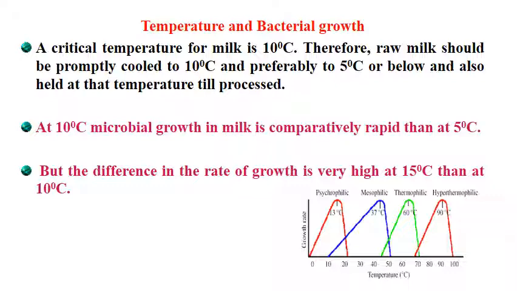At 10 degrees Celsius, microbial growth in milk is comparatively rapid compared to 5 degrees Celsius, but the difference in the rate of growth is very high at 15 degrees Celsius compared to 10 degrees Celsius. So these are some of the basics of microbial growth. The main factor is temperature. Our motto should be to reduce the temperature to at least 10 degrees Celsius or below, or even 5 degrees Celsius is better.